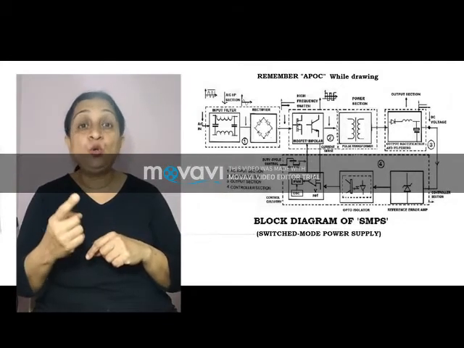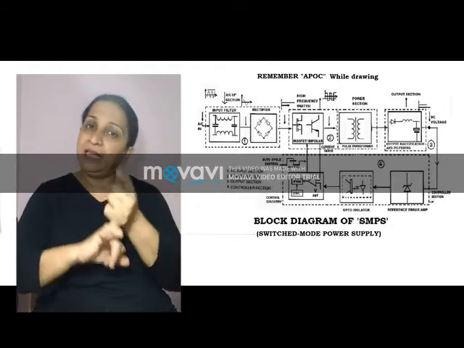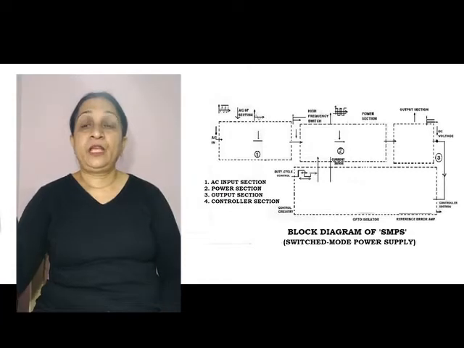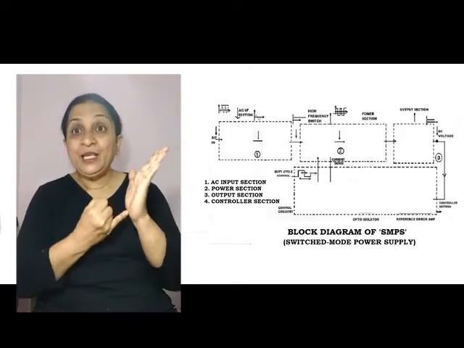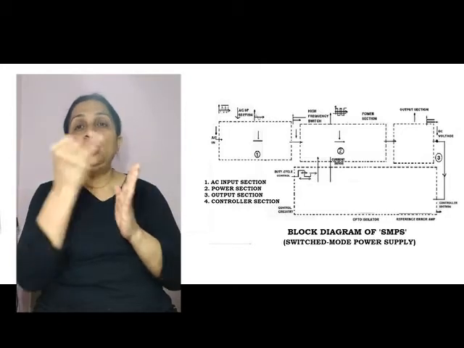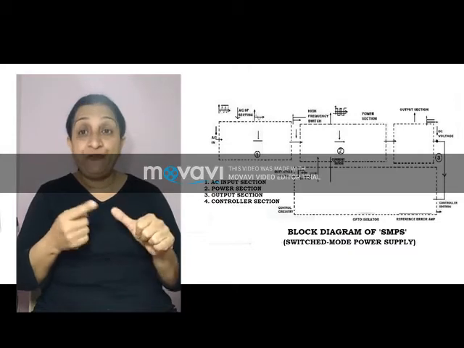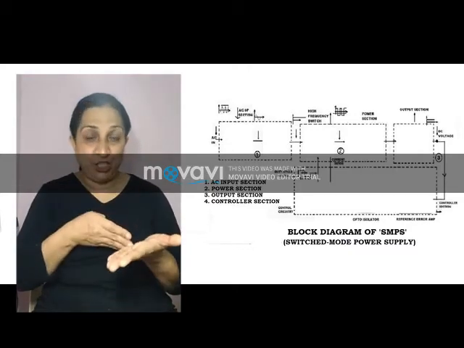Okay, now we will go to the drawing of this SMPS. Now when you see this diagram, first you will draw the 4 sections. So you have first the AC input section.